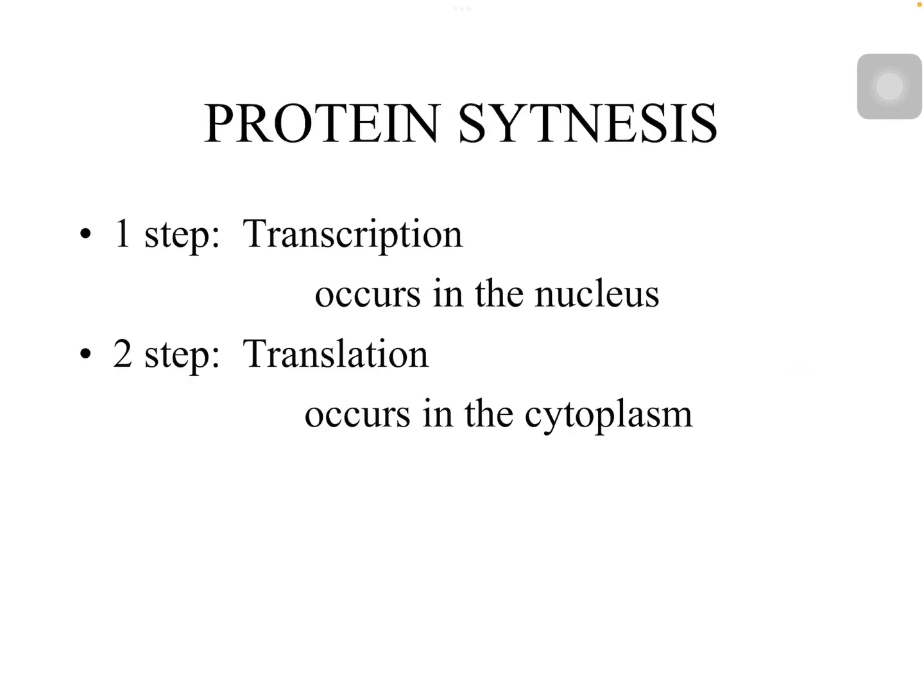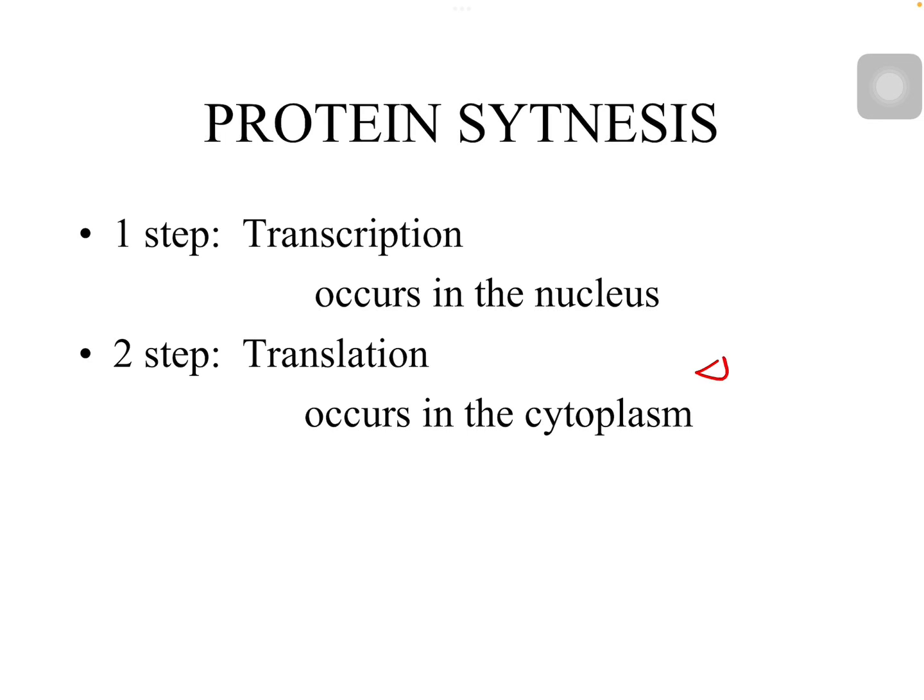The first step of the central dogma, of protein synthesis, is transcription. This occurs in the nucleus. Transcription transcribes DNA to RNA. The second step, translation, always occurs in the cytoplasm.